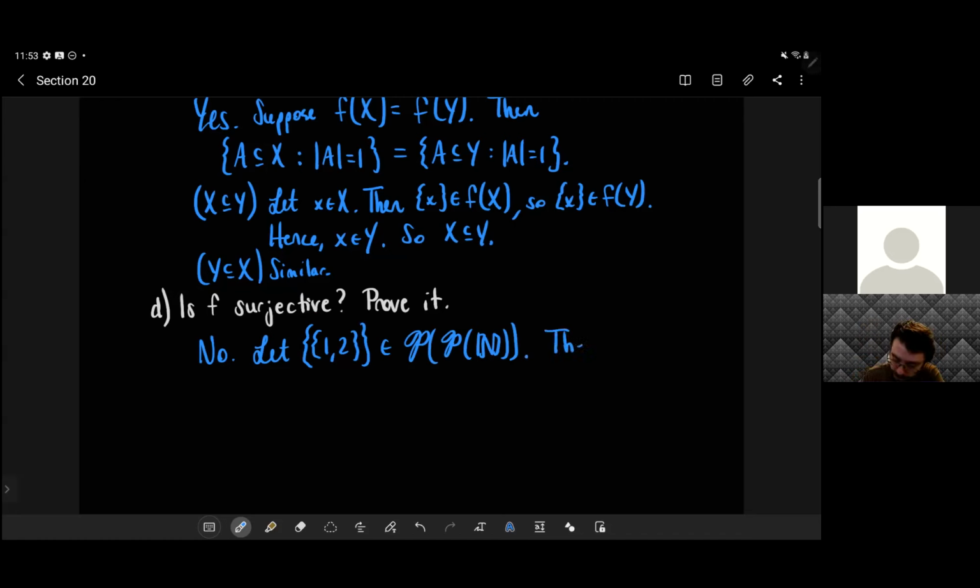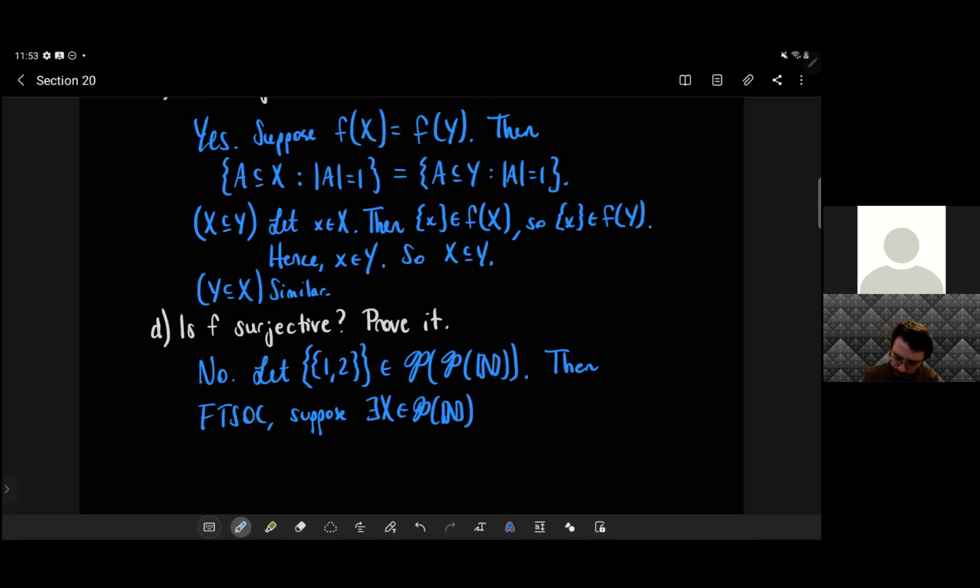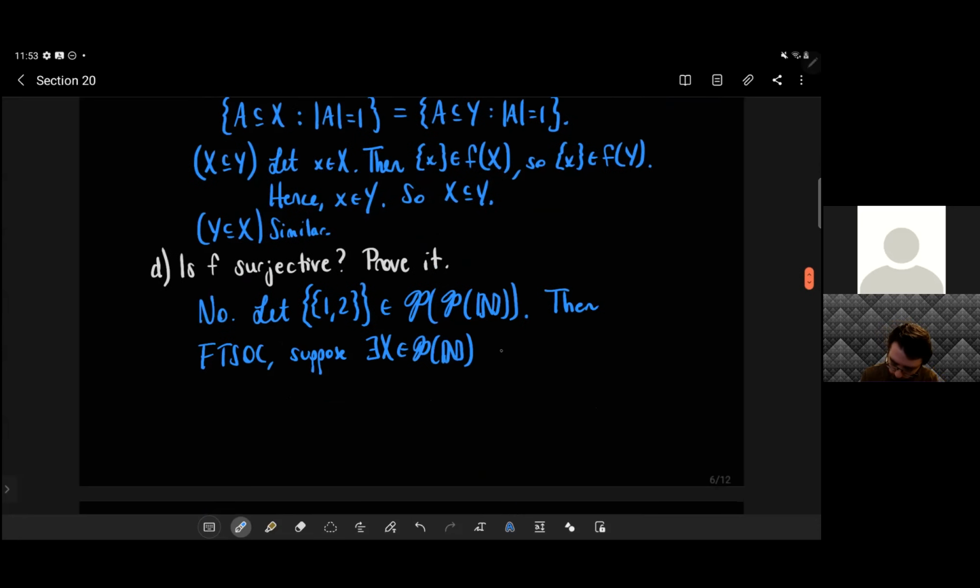Anyway, it is, take my word for it maybe, and try it on your own. Then what I can say is, for the sake of contradiction, suppose there is some element of my domain mapping onto it. So f of x equals this thing. Okay, this immediately gives a contradiction.